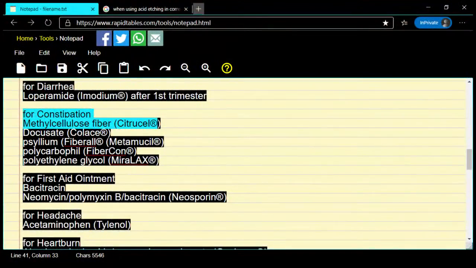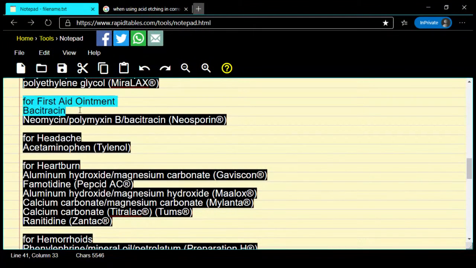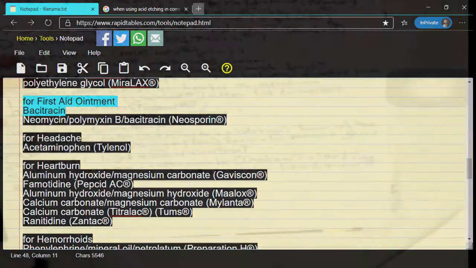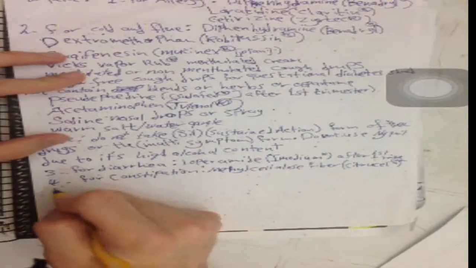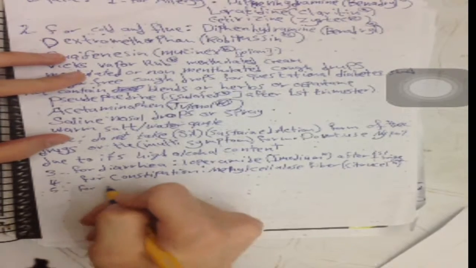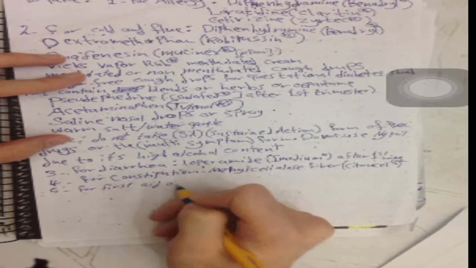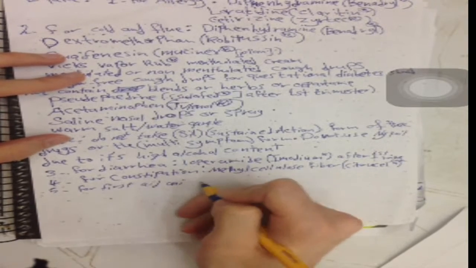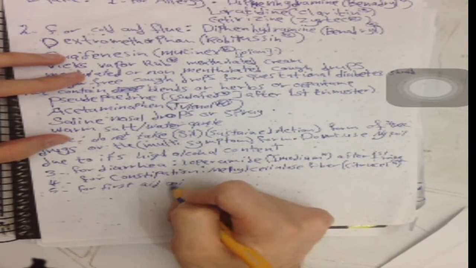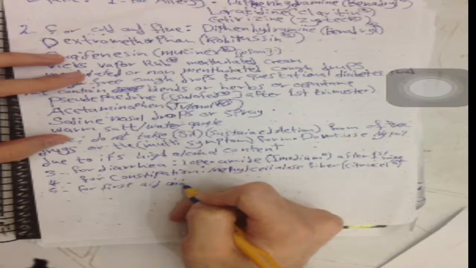Next, we'll be talking about first aid ointment.